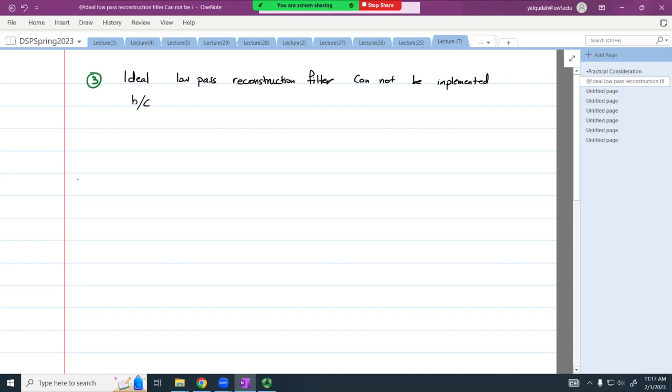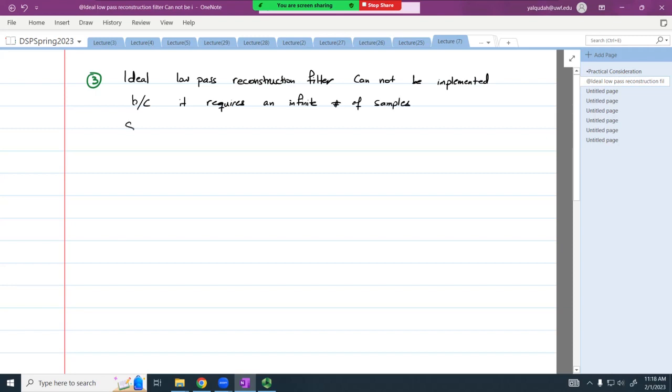It requires an infinite number of samples, and additions and multiplications. Yes, and it is non-causal. It requires an infinite number of samples.